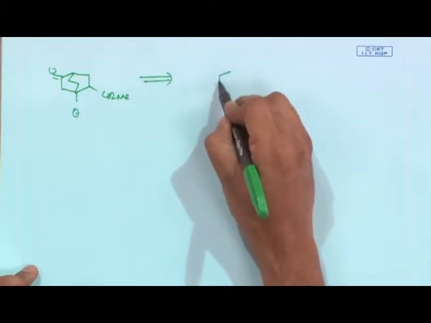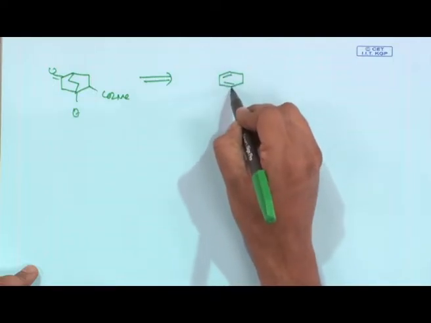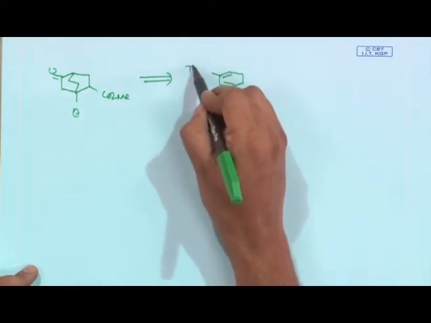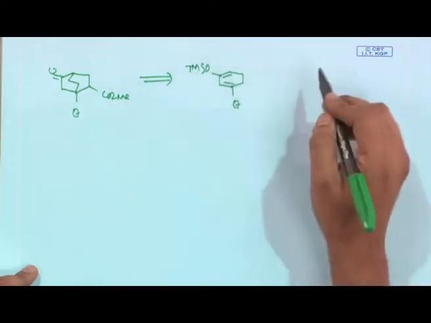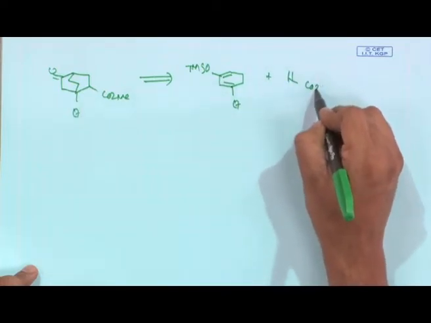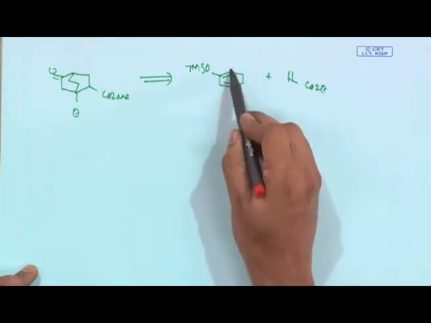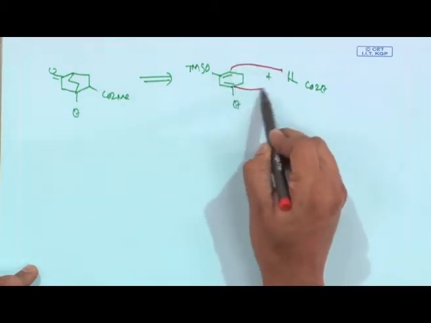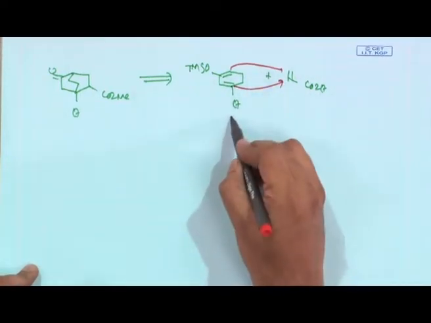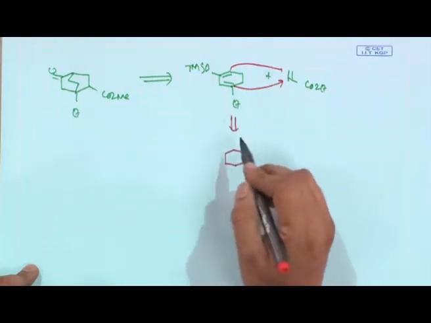Probably if you have this kind of diene as a Diels-Alder 4 pi system, you can easily do a 4+2 cycloaddition by simply doing this. That is absolutely doable.